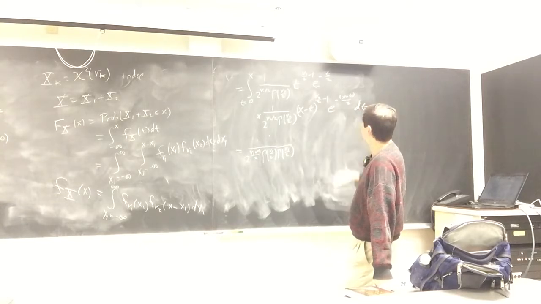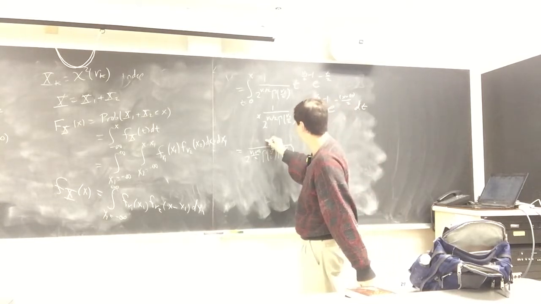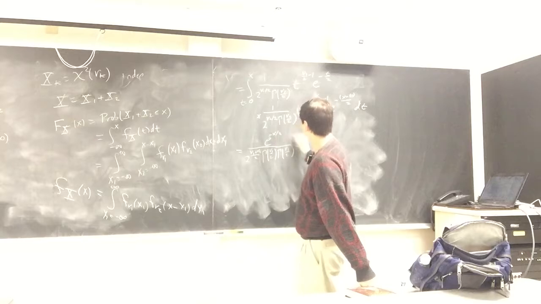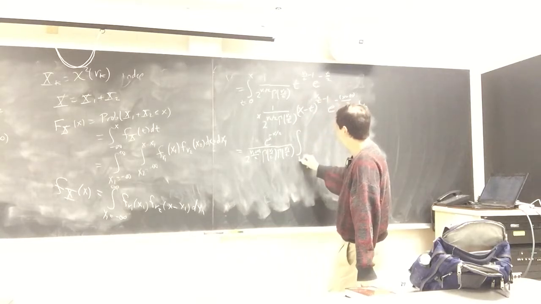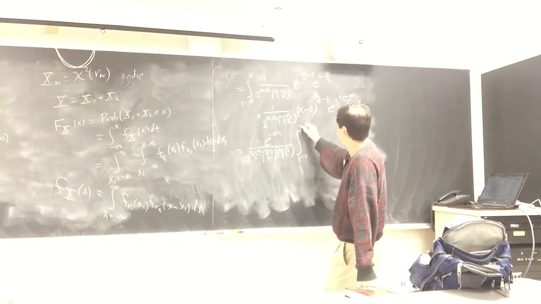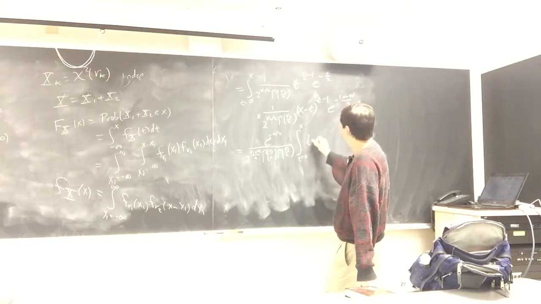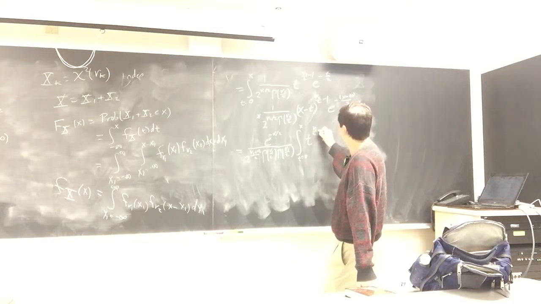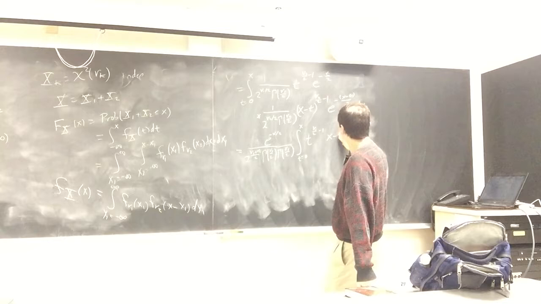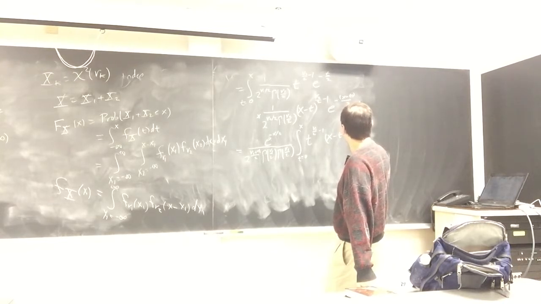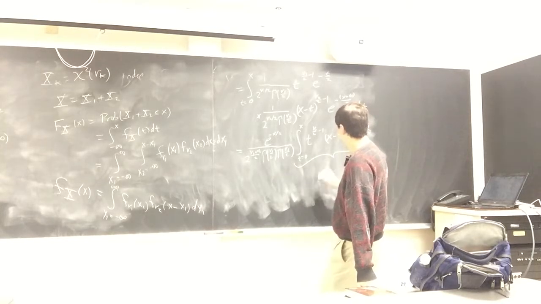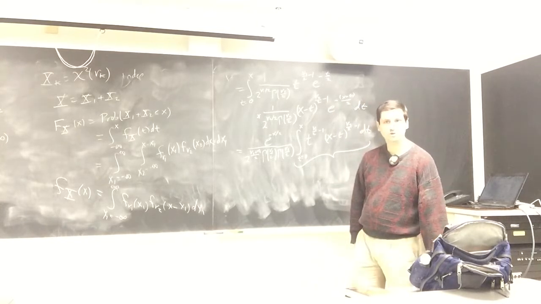We have an e to the negative x halves, which we can pull out. And now we're left with an integral, t goes from 0 to x of t to the nu 1 over 2 minus 1, x minus t to the nu 2 over 2 minus 1 dt. And that's the integral we need to evaluate.